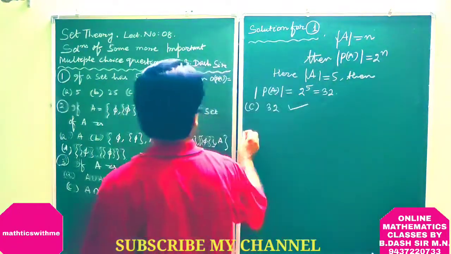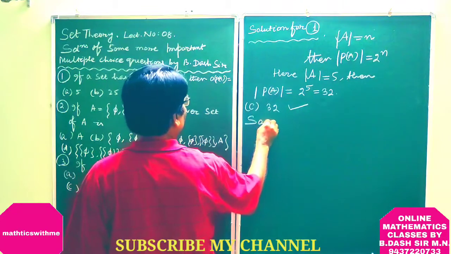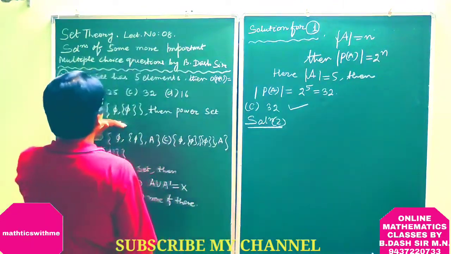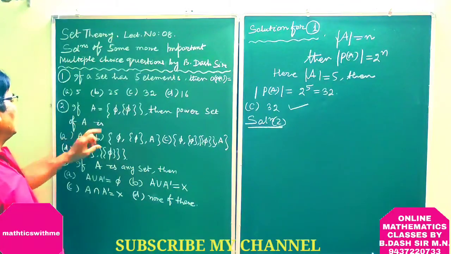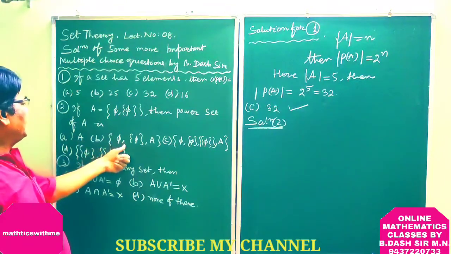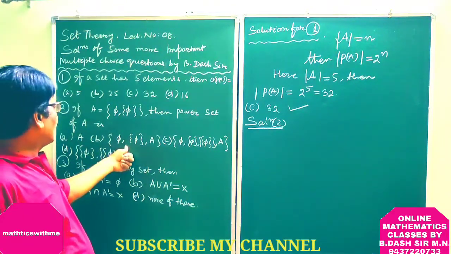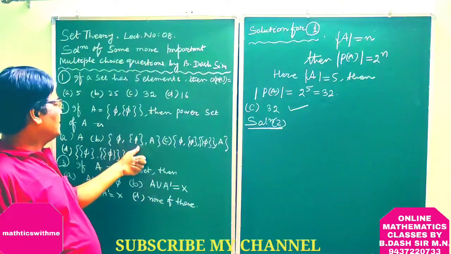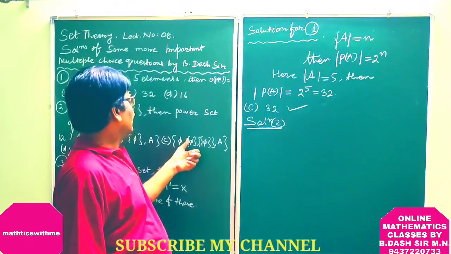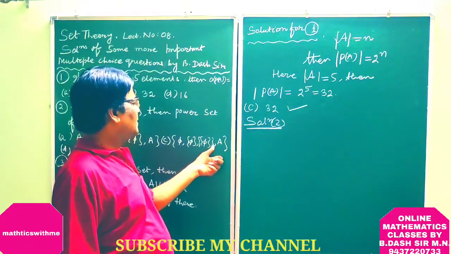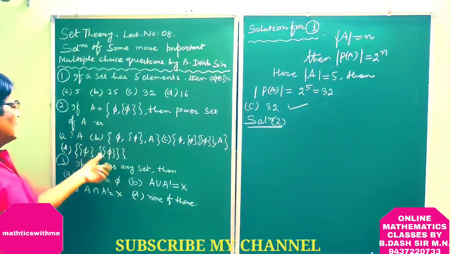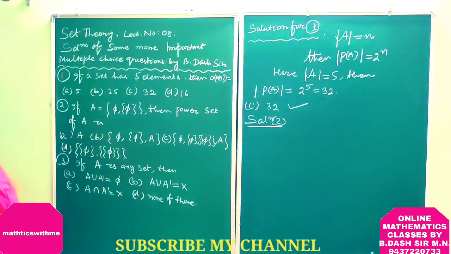In question number 2, A is given, and the power set of A is, the choices are: option A, option B, within curly bracket phi, curly bracket phi A, then within curly bracket phi, curly bracket phi, double curly bracket phi A, and in option D we are getting within curly bracket phi, double curly bracket phi.